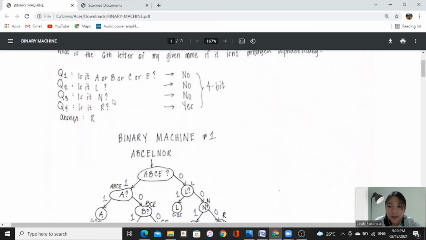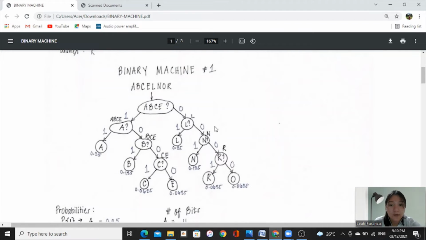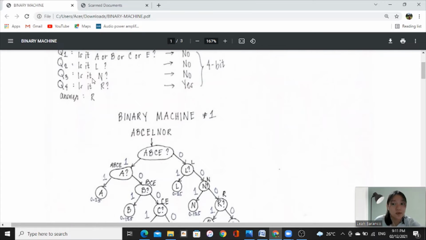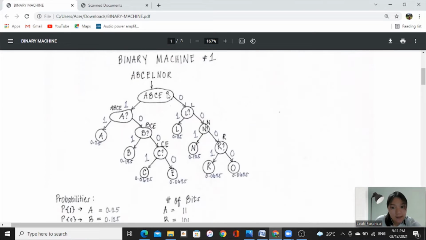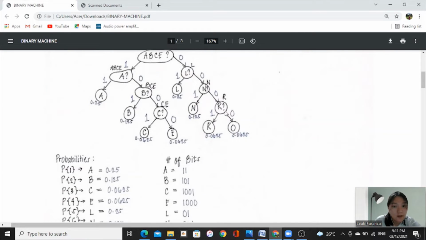Q3 asks if it is N. If it is true that it is N, then the probability would be 0.125. And if not, then move to the next question, which is, is it R? And if it is yes, then R would have a value of 1, which means it is true, and the probability would be 0.0625. But if it is false, then O is the answer.